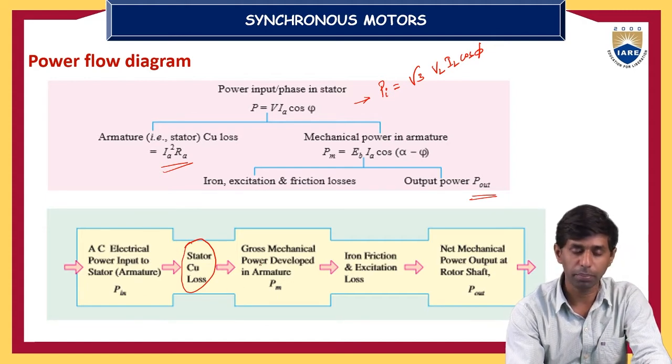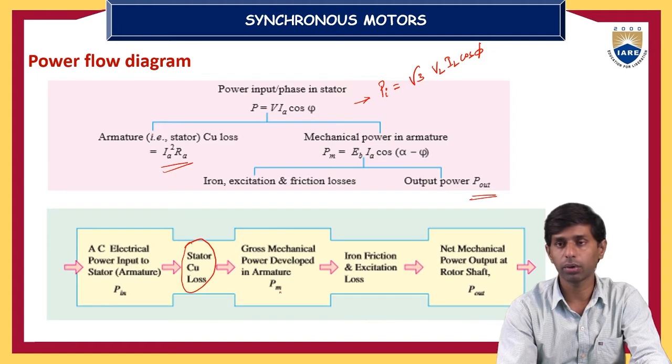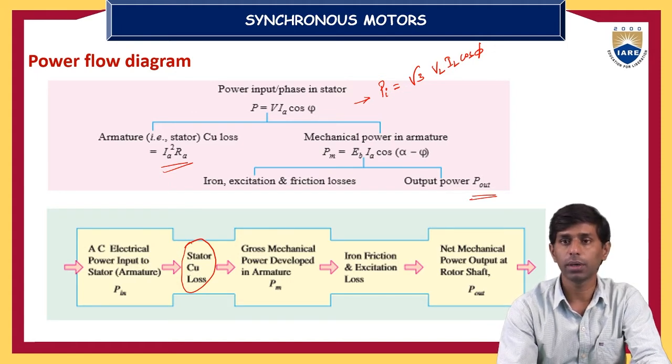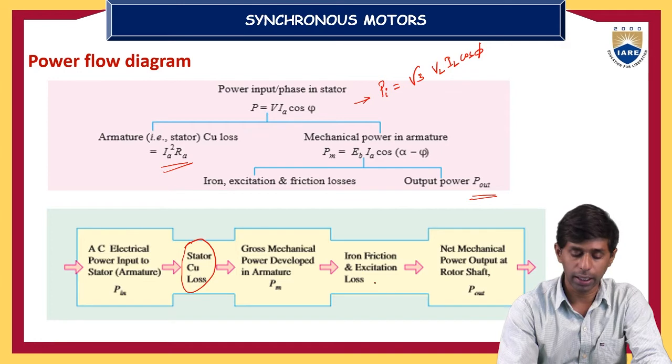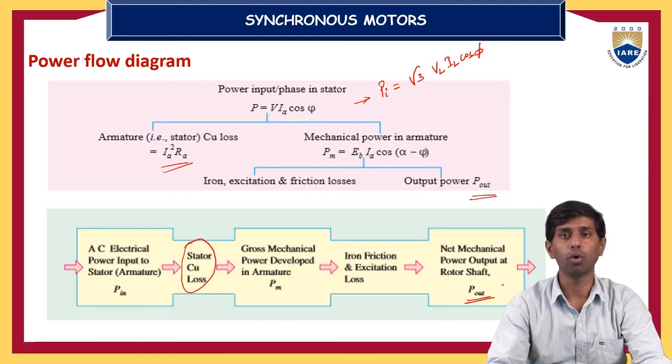This developed power is also not connected to the output directly. In between we have losses called iron, friction, as well as excitation losses, and the gross mechanical power developed minus these losses will be the mechanical power output connected to the load.